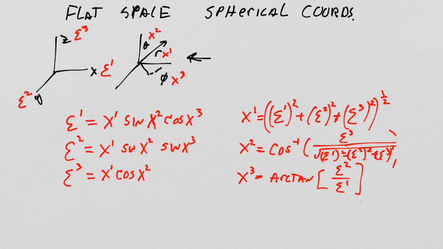And so, although I wrote arctan here and cosine inverse there, they're both inverse trigonometric functions. So these are E A of x mu, and these are x mu of EA. Now everything is totally flat space-time here. All we're doing is changing the coordinate systems, right?